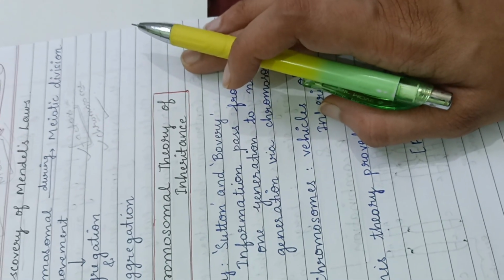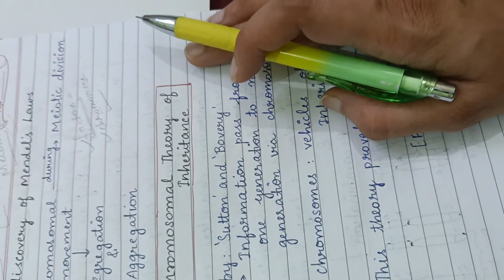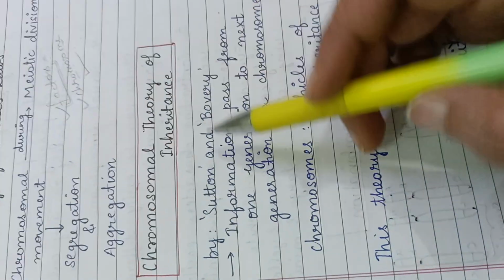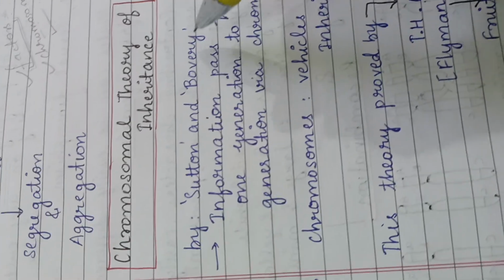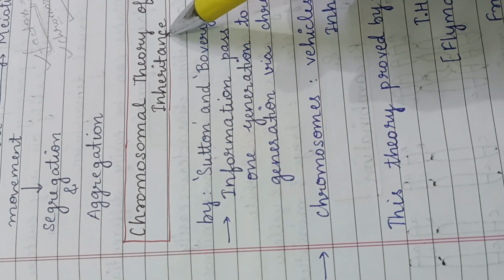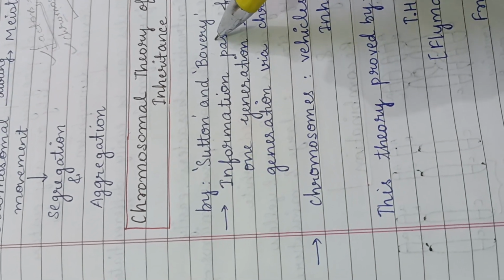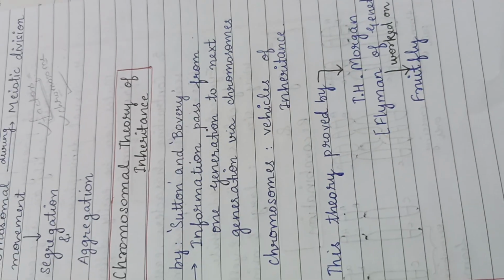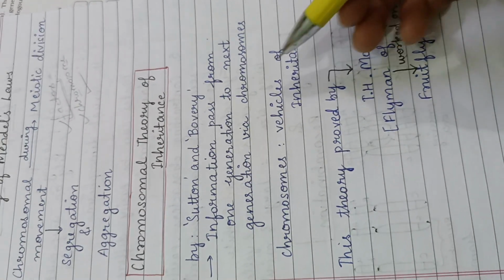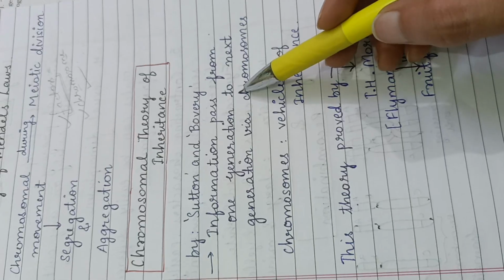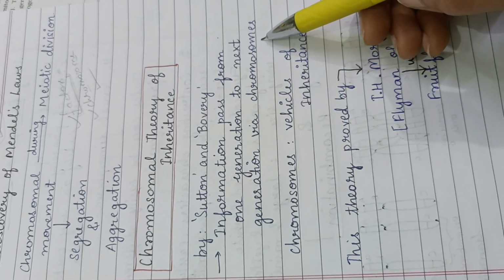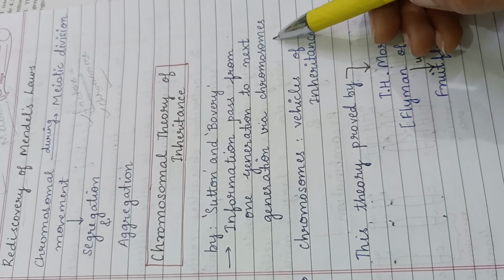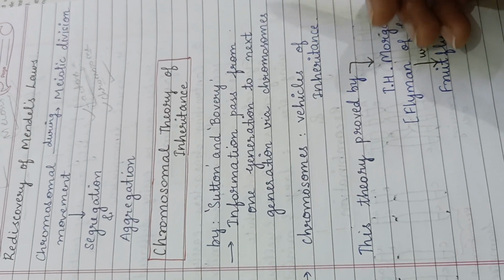Now we are moving towards the chromosomal theory of inheritance. This is given by Sutton and Boveri. Sutton and Boveri gave this theory, and what did they say? They said information passes from one generation to the next generation via chromosomes. So according to this theory, listen carefully.